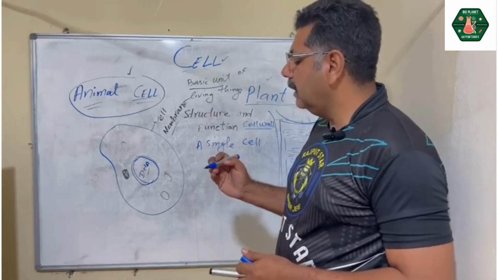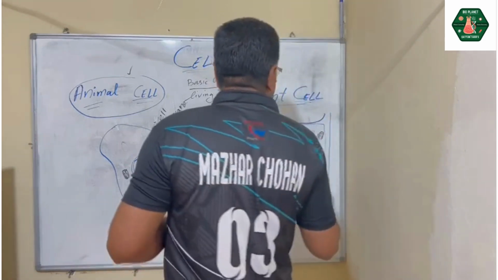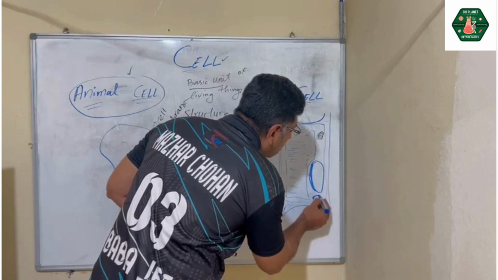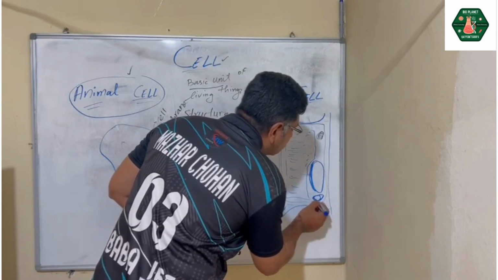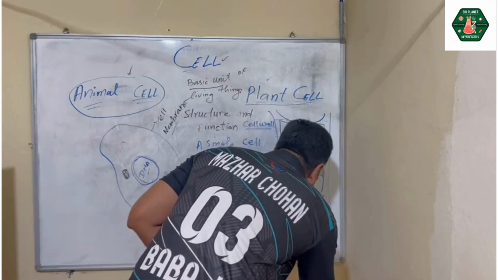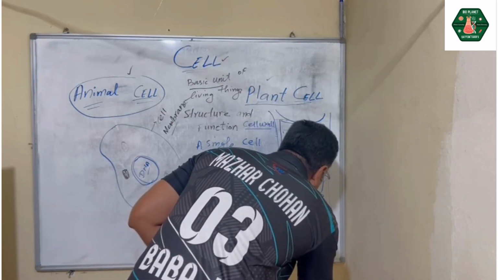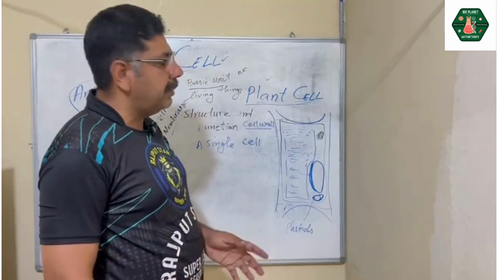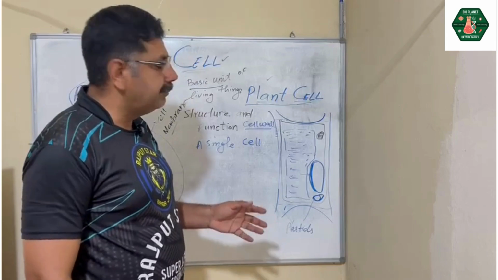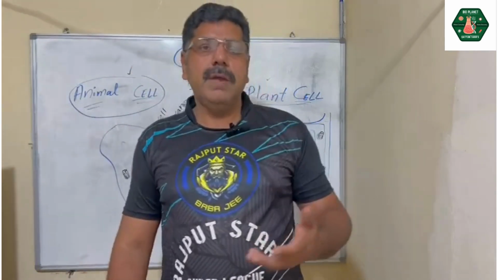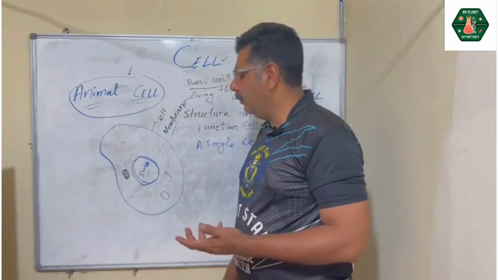But on the other hand, in plant cell there are plastids. Plastids or chloroplasts, having chloroplast site for the photosynthesis, because they make their own food material with the help of photosynthesis.